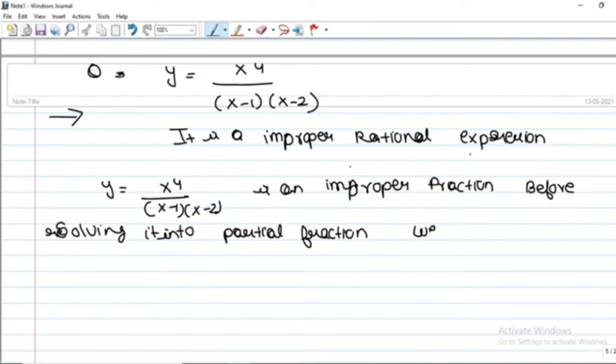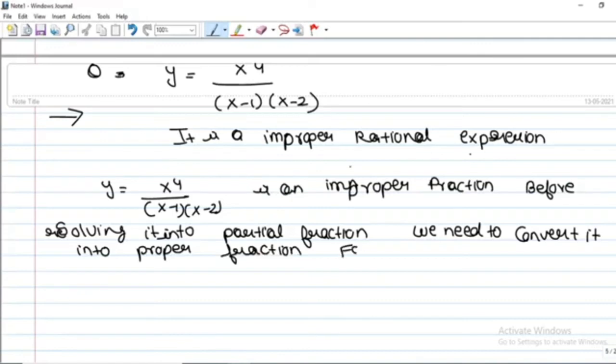We need to convert it into a proper fraction.